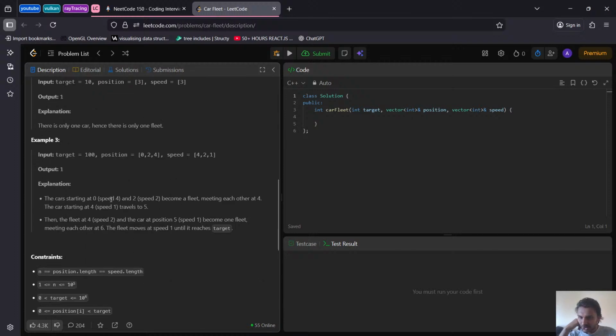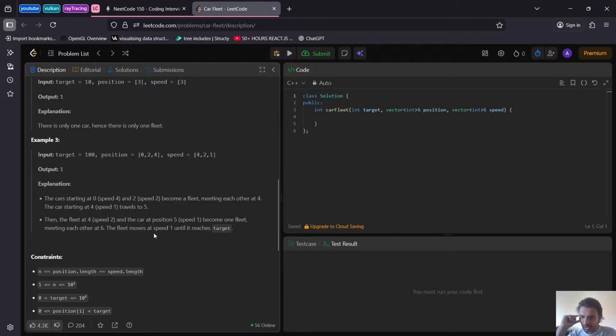The car starting at 0 and the second car become a fleet, meeting each other at 4. The car at 4 travels to 5. Then the fleet and the car at position 5 will become one fleet, meeting each other at 6.